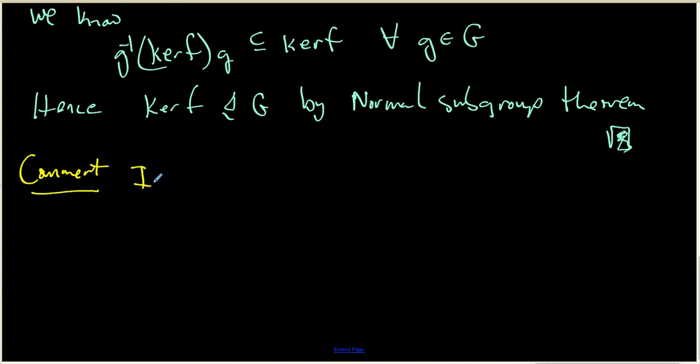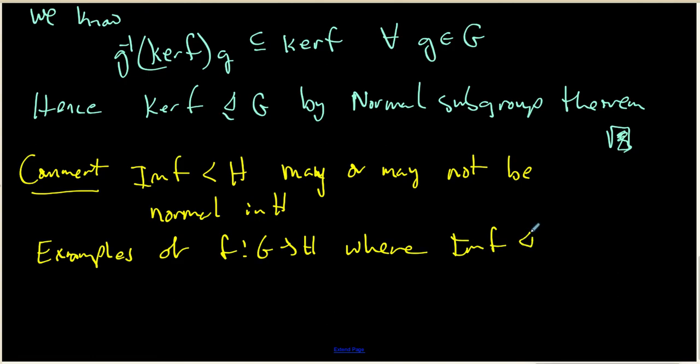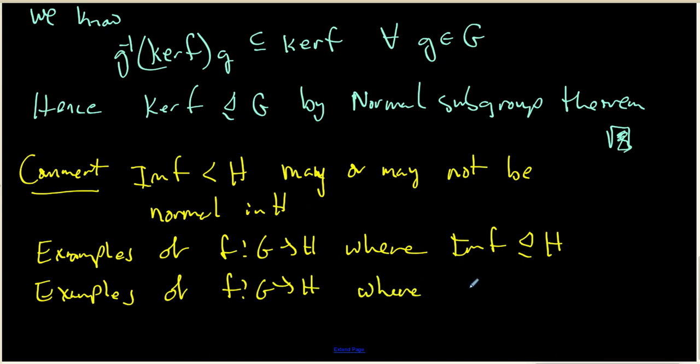And the comment is that the image of f, while it is a subgroup of the target set H, may or may not be normal inside H. And what I mean by it may or may not be normal is that there are examples of group homomorphisms where the image does turn out to be normal in the target set, and there are also examples where we have group homomorphisms where it turns out that the image of f winds up not being normal inside H. We'll investigate that in some of the homework that gets assigned.